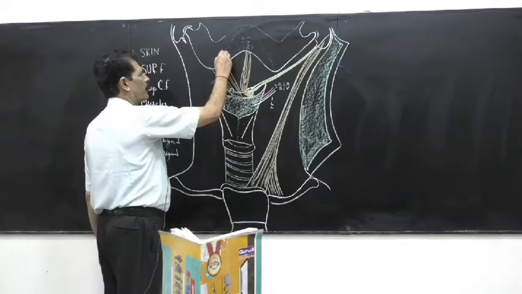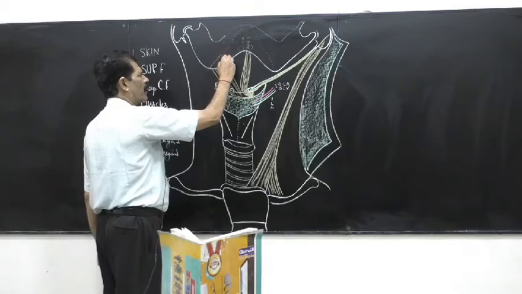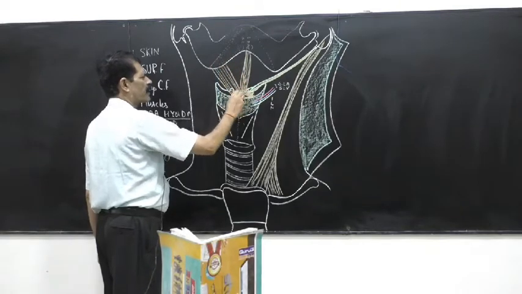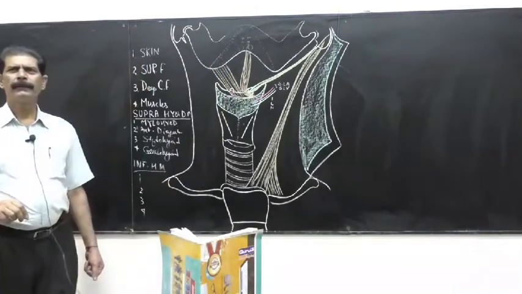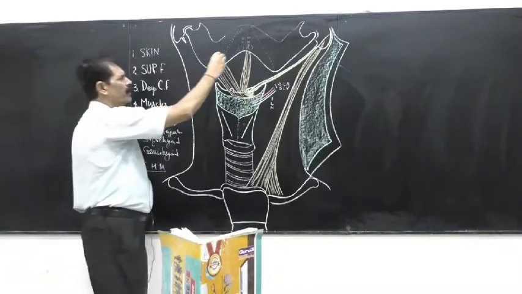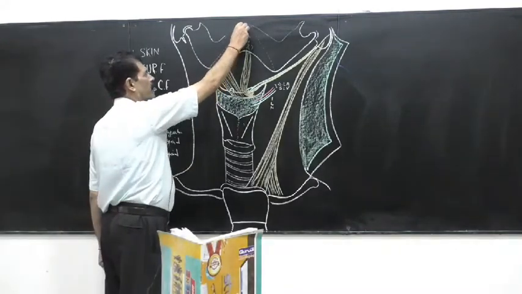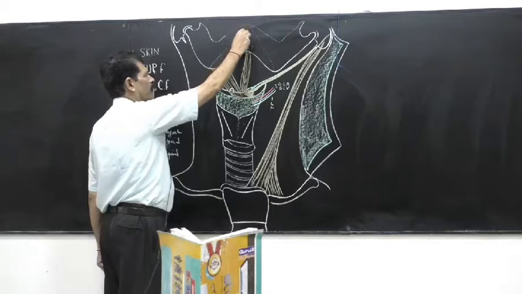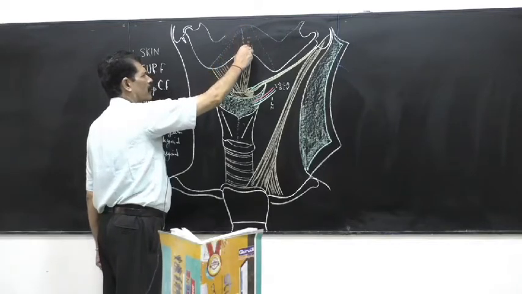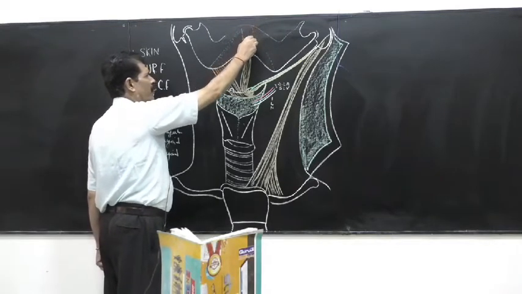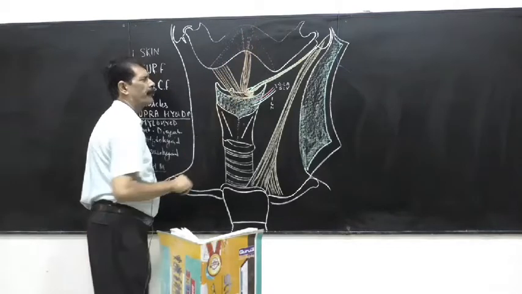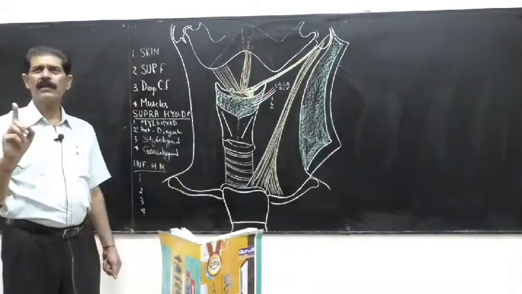Then up to here, about half of the mylohyoid line fibers, they get access to the hyoid bone. The upper fibers take origin from the anterior end, they also take origin from the mylohyoid line, but they cannot reach the hyoid bone. They are not inserted on the hyoid bone.